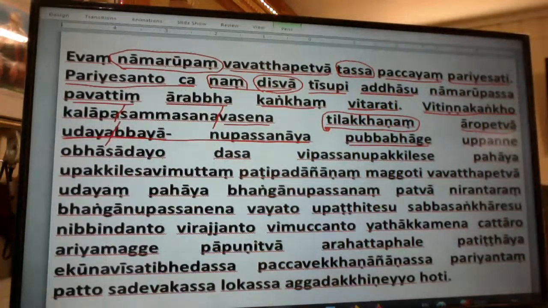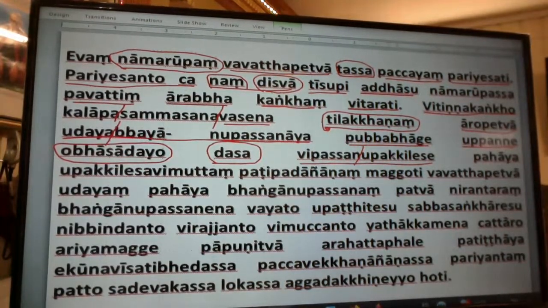Bhāge here is practicing, not the other day. The previous practicing, openly arising, Obhāsa, light, and so on. Dasa, ten. Vipassanupakilesa.